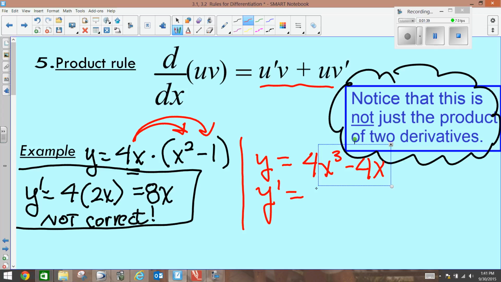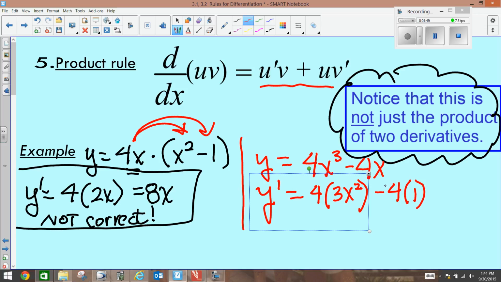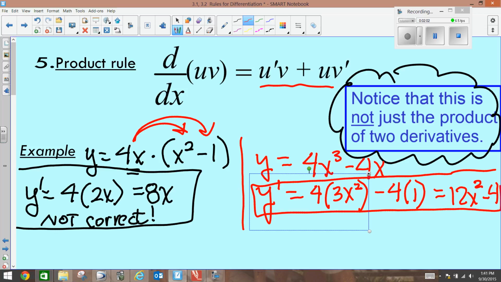That's 4 times x cubed. Derivative of x cubed would be 3x squared, and minus 4 times the derivative of x is 1. So our correct derivative is 12x squared minus 4. This is correct.